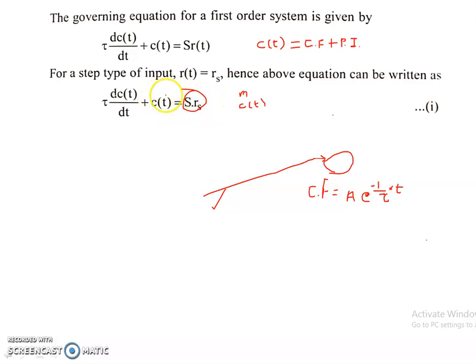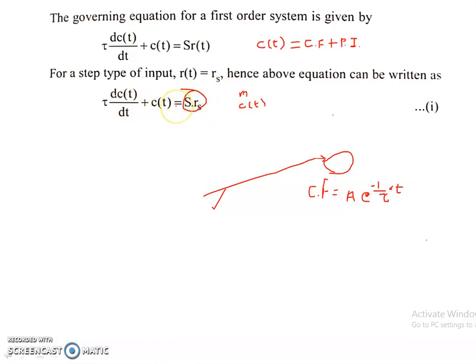So its solution, or its output C(t), can be written as C(t) is equal to Cf plus Pi, where Cf is known as the complementary function and Pi is known as the particular integral. For finding this Cf value, we will have to put S Rs equal to 0. The right hand side of the equation should be equal to 0. The value of d by dt is replaced by m or x, and C(t) should be equal to 1.